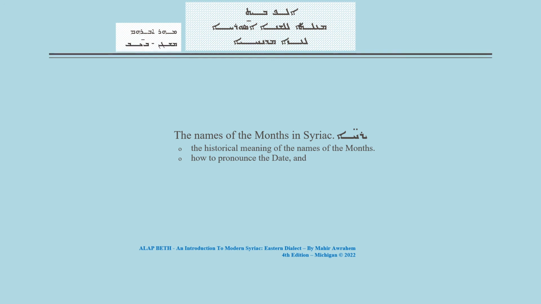For example, to say 8/10, meaning August 10th, we say isra byarkha d'tmanya. Isra means 10, byarkha means in a month, of 8. That means 10 in the month of 8.